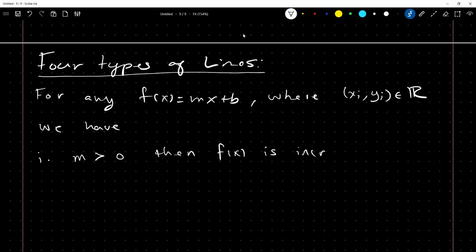Well, I should say our line more specifically. Second, if the slope is less than 0, then f of x is decreasing.